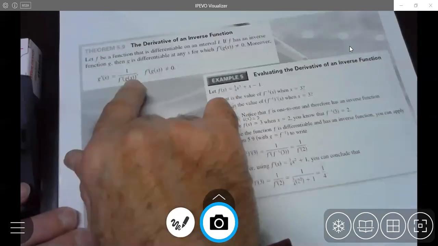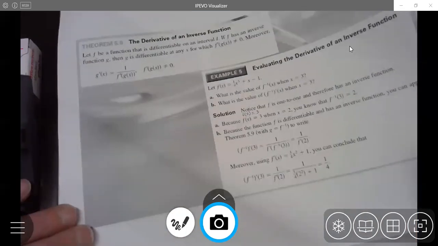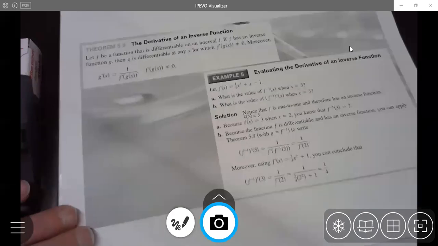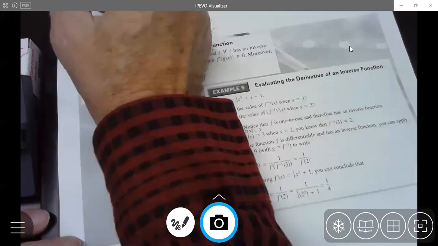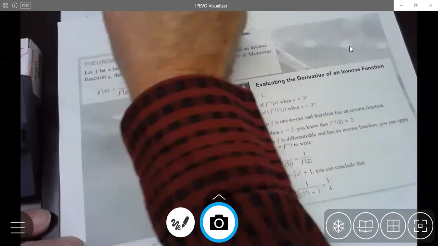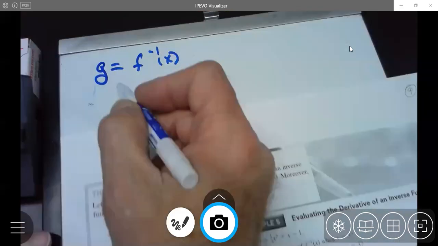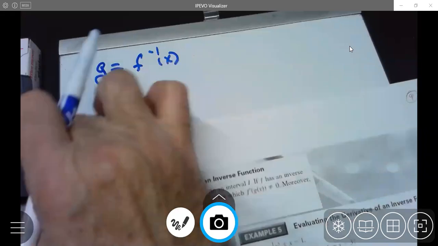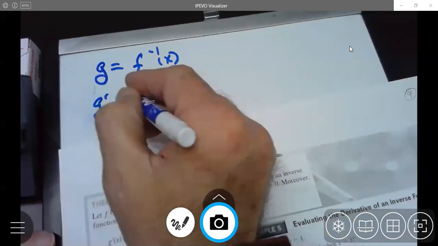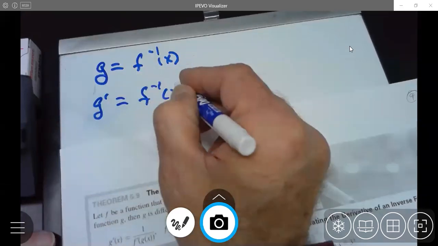So in that case, that's the same thing as if we rewrote this as g is equal to the inverse function for f. Okay, so therefore g prime is equal to the derivative of the inverse of f of x.